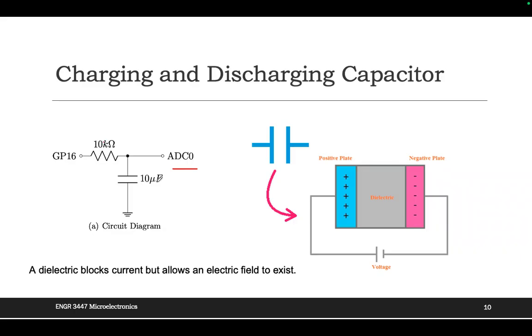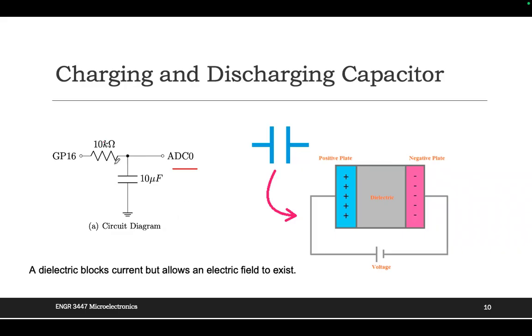So what is the capacitor doing in a circuit? It's just for storing electrical charge, and when it is charging, it will store it. When this capacitor is fully charged, it can be considered as a wire.